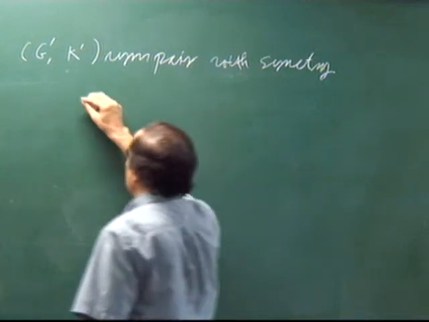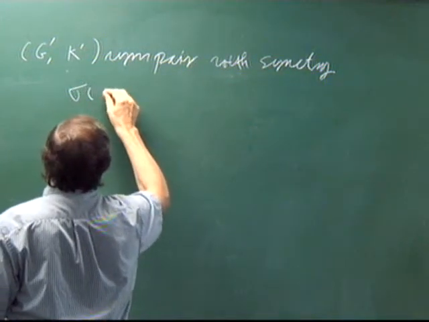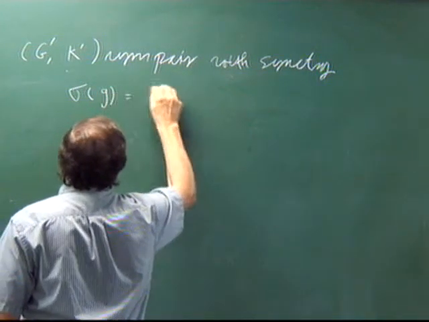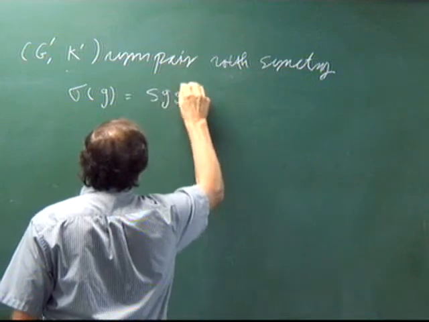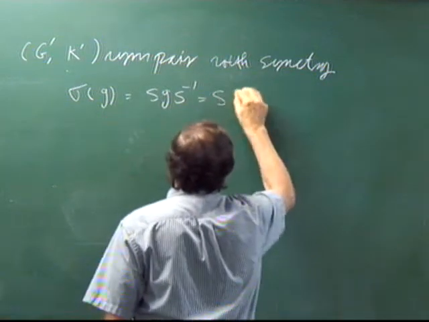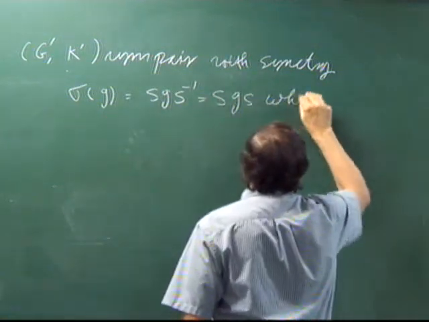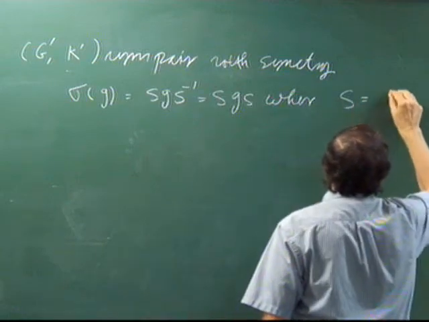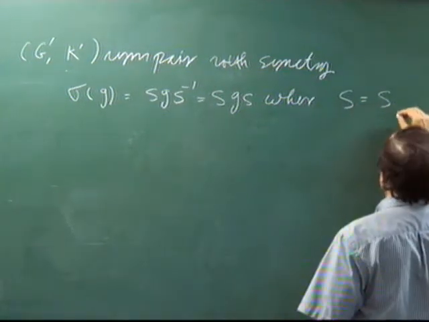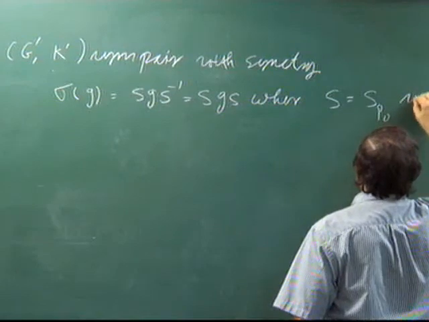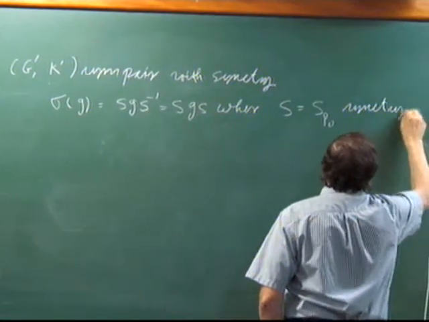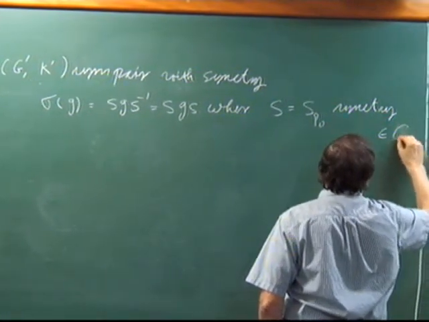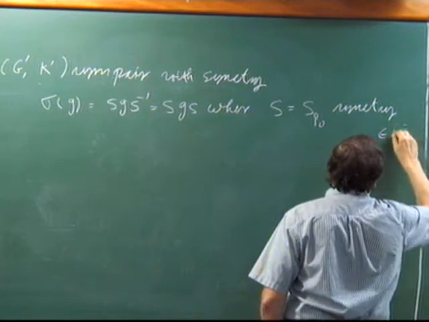So sigma of g was s g s inverse, same thing as s g s, where s was the symmetry at the point p naught, which is an element of G, of the isometry group.